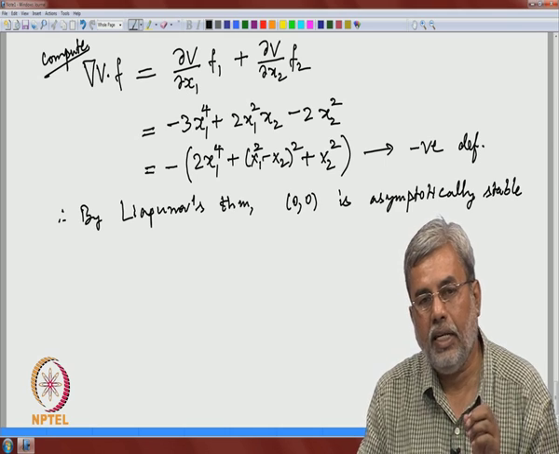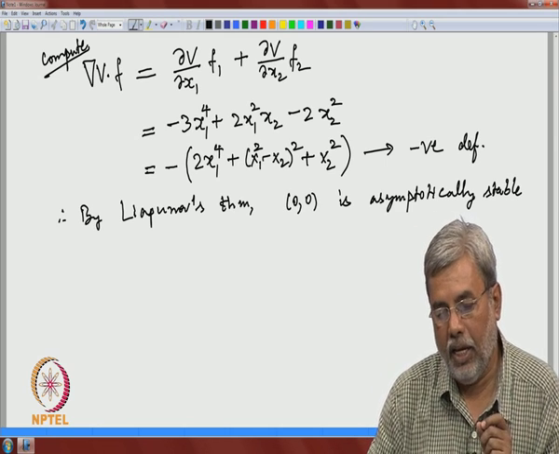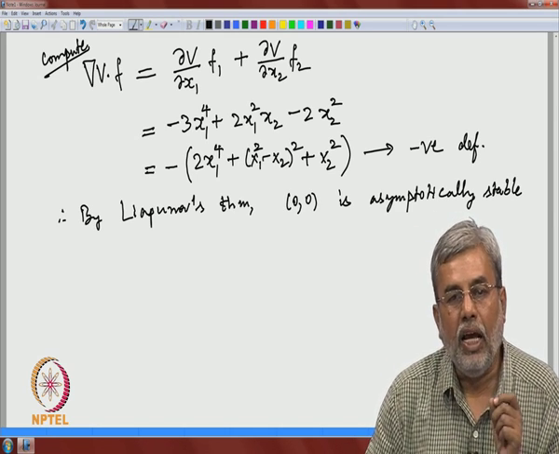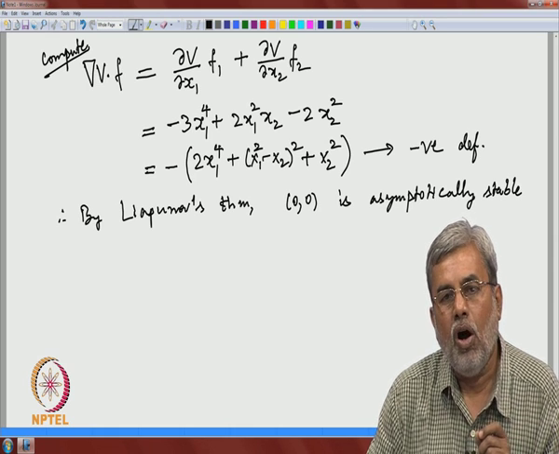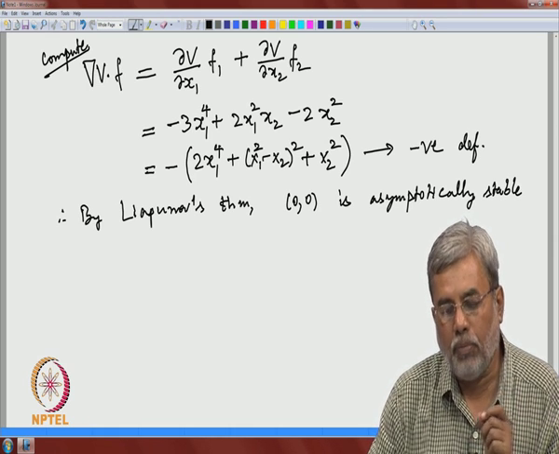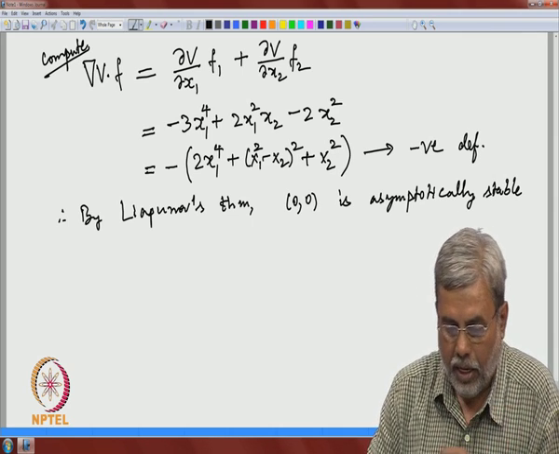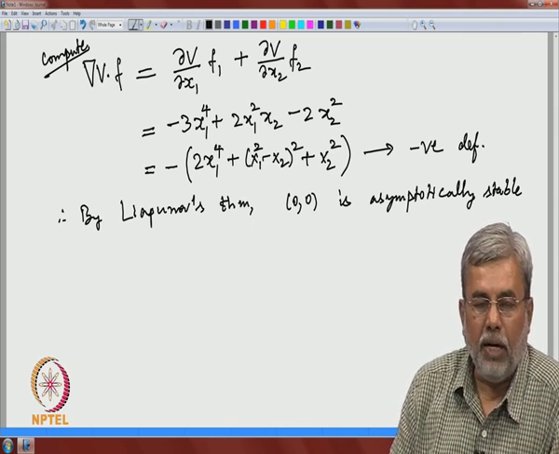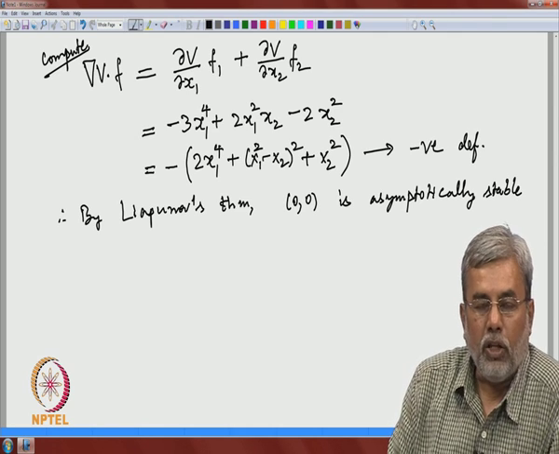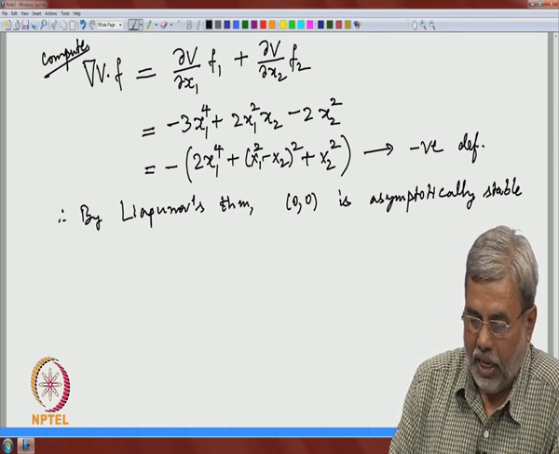So, the linearized system always has an eigenvalue, either a 0 eigenvalue or an eigenvalue with real part 0. So, these are all non-hyperbolic. So, stability cannot be judged by Perron's theorem or the Hartman-Grobman theorem.